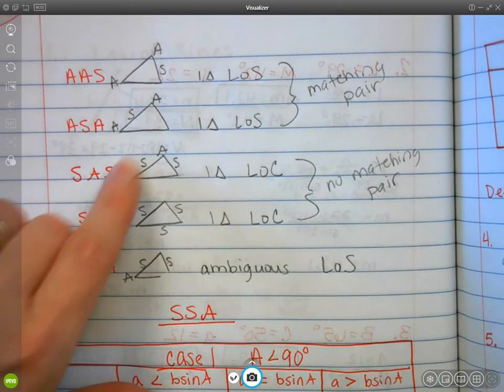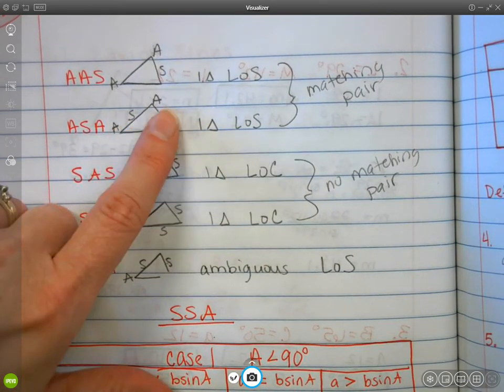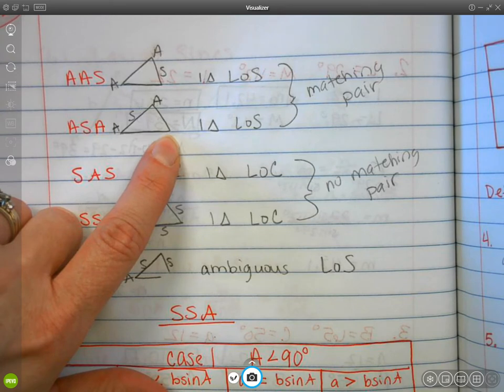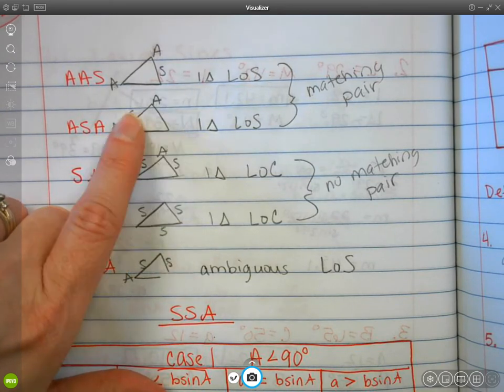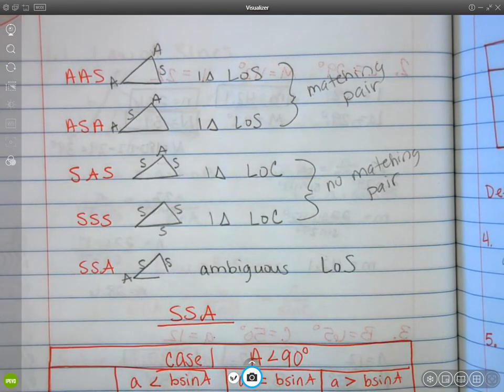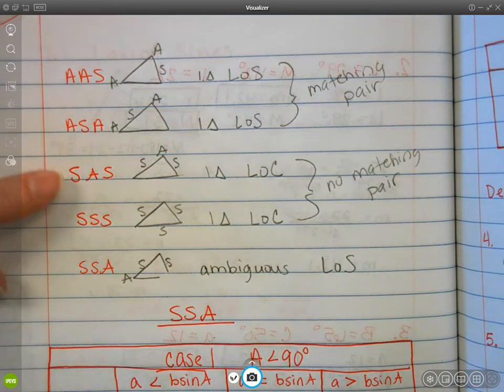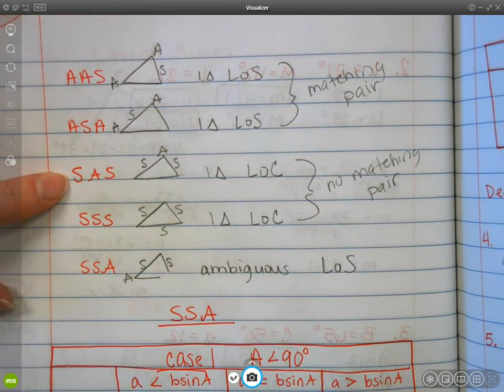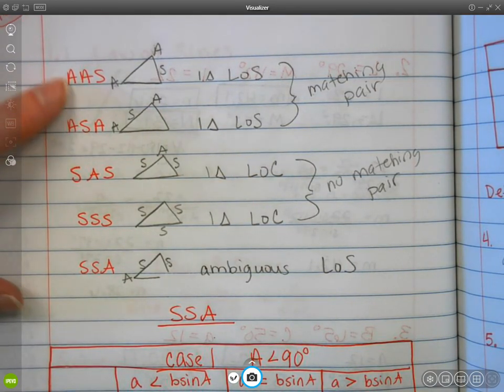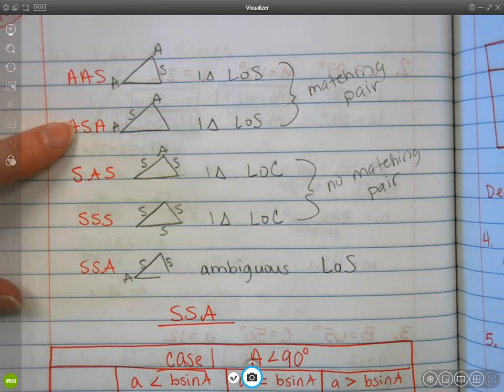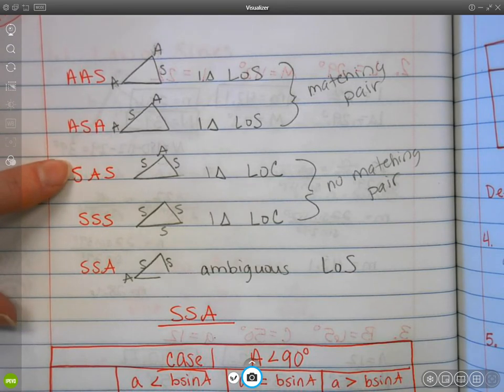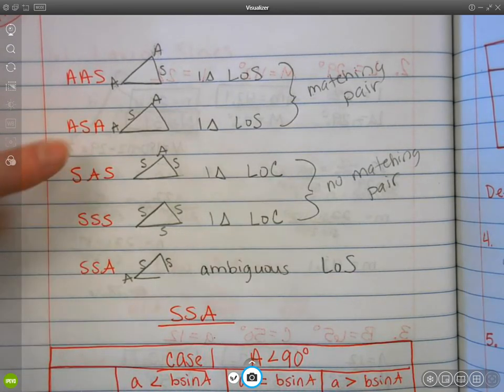So right here, you don't actually have a matching pair, but as soon as you find this angle, you'll have a matching pair. And you can do that without using any trick. You just subtract from 180. So if you have two angles and a matching pair, then you're going to be able to use law of sines. If you have one angle without a matching pair, it's law of cosines.